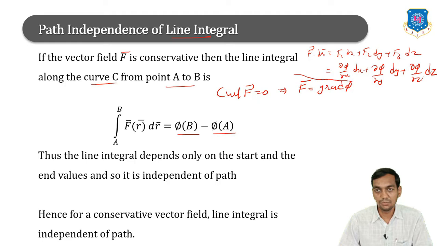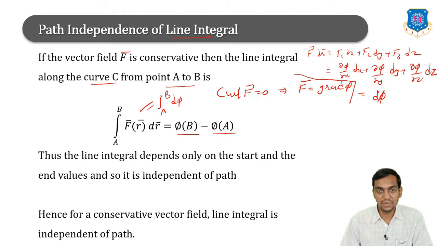If you consider this, then by the total derivative definition, this is going to be d phi. So you will get this equal to the integration from A to B of d phi.